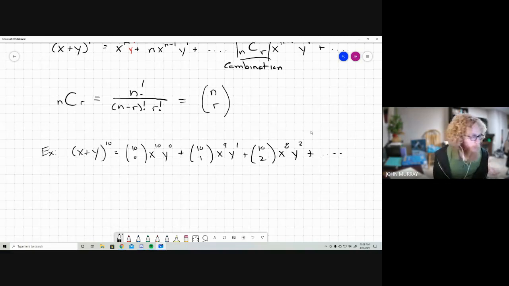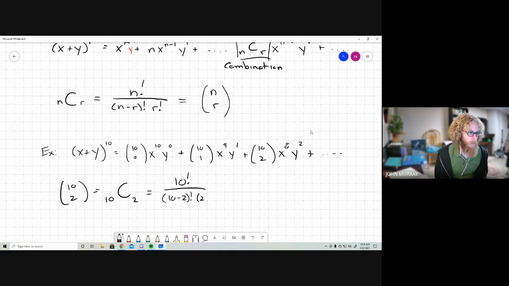All right. So let's calculate this. 10C2. Here we're going to use some of those tricks we learned for factorials. I don't need the parentheses there. So first we simplify. This would give me 10 factorial over 8 factorial times 2 factorial.